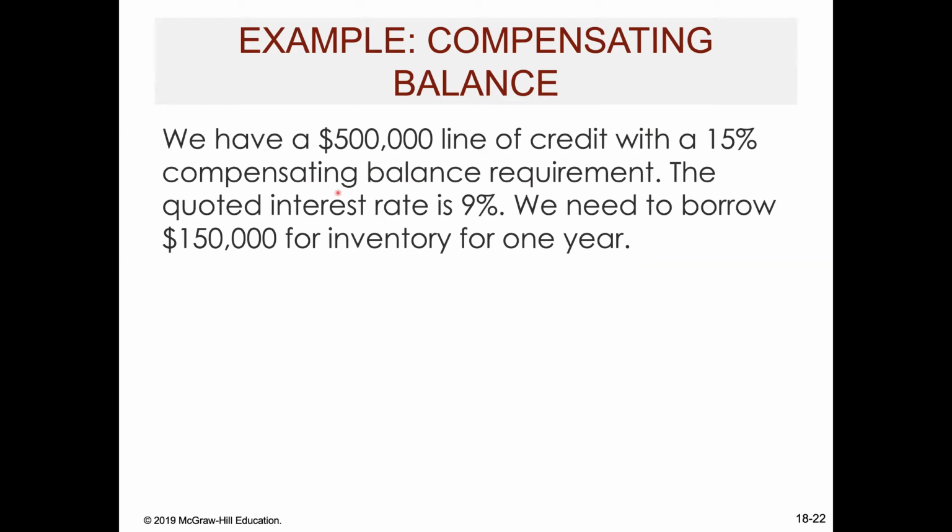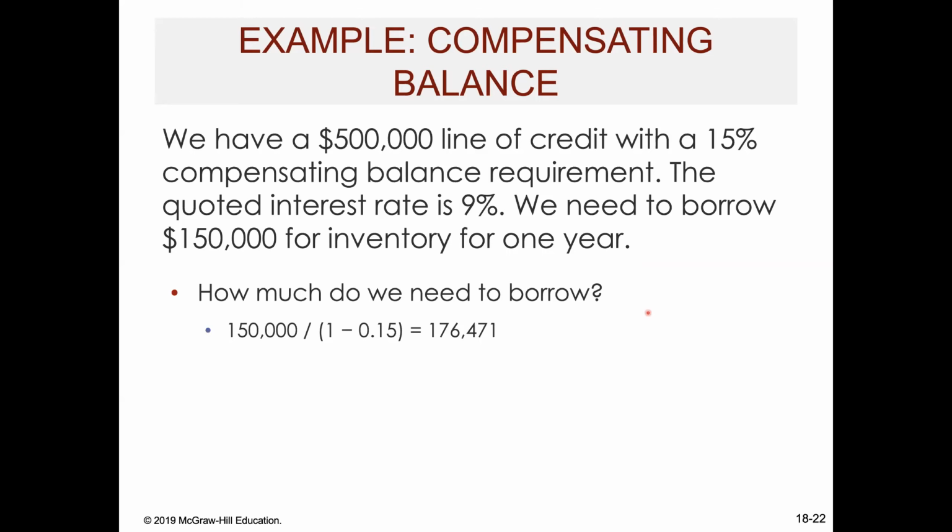So that cash has to sit there. So it's money that we can't use. It has to sit there as long as the line of credit is open and outstanding. So what we're trying to do, though, is we need to borrow $150,000 for inventory for 1 year. So how much do we need to borrow?